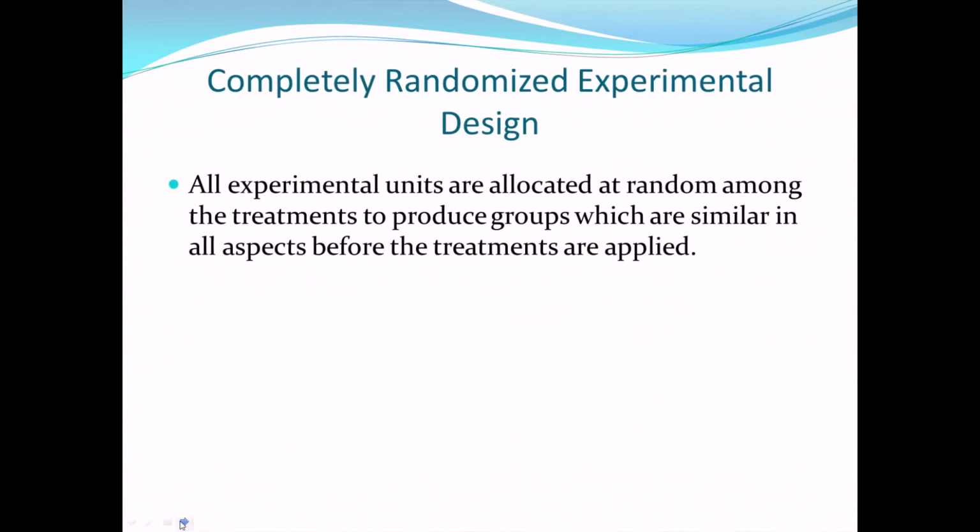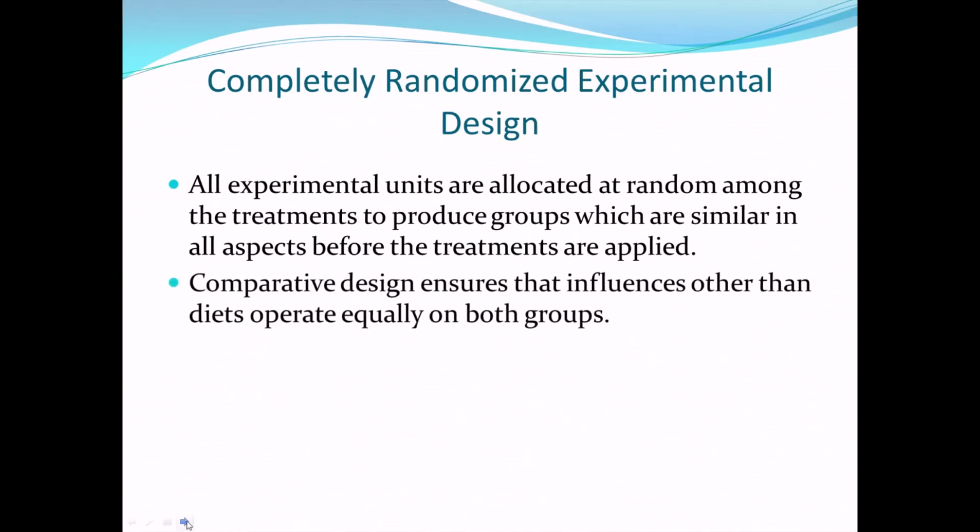So what you're seeing there is that all experimental units are assigned or allocated at random among the treatments, and they produce groups which are similar in all aspects before the treatments are applied. So you've got some great control going on. Comparative design ensures that influences other than diets operate equally on both groups. They sure do. That's the randomization.